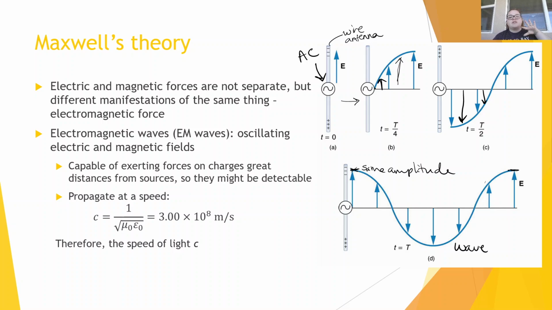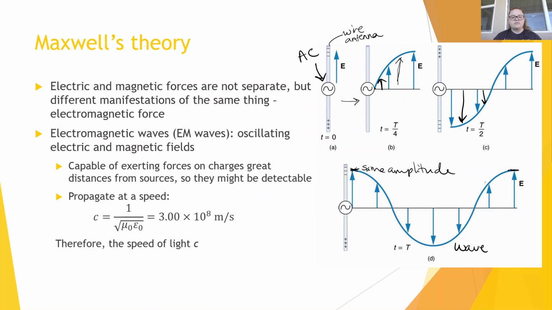So maybe if there's something going on in another part of the universe, we might be able to detect it, okay? So that's the whole idea here. They also propagate, or move, at some speed, and that speed we define as c, or the speed of light, and that value is equal to 1 over the square root of mu naught times epsilon naught, which is 3 times 10 to the 8th meters per second, okay?